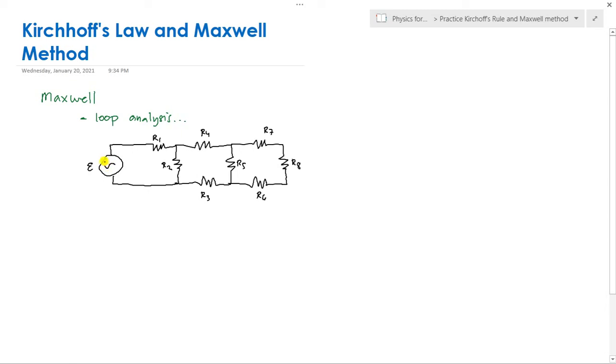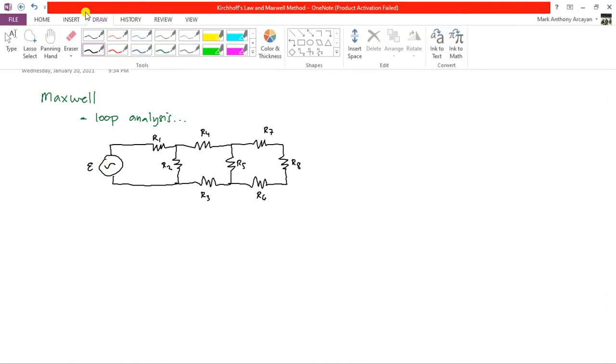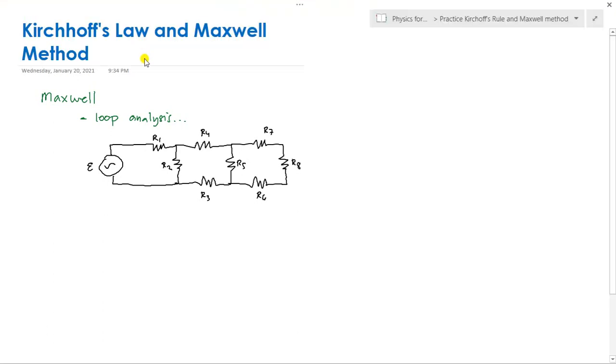Maxwell's method analyzes by loop. So for a certain loop, you assume a current direction within that loop. The obvious number of loops that we can see is 3. But you can also have this loop starting from R1, R4, R5, R3, then back to the power source.